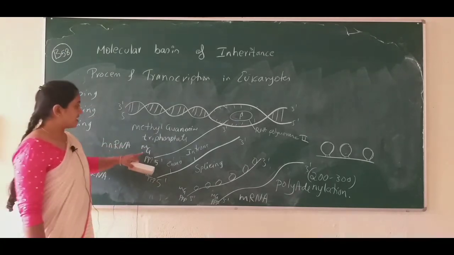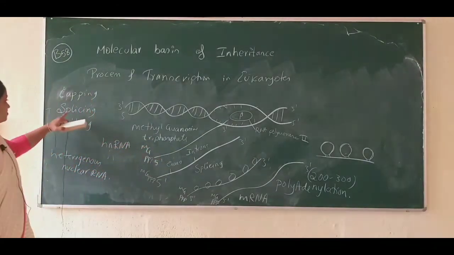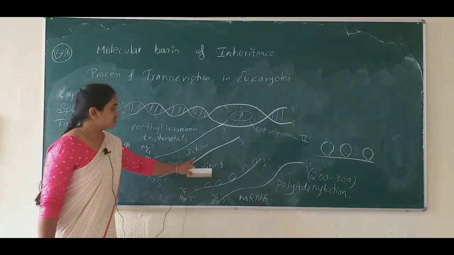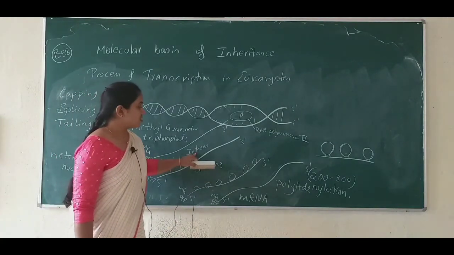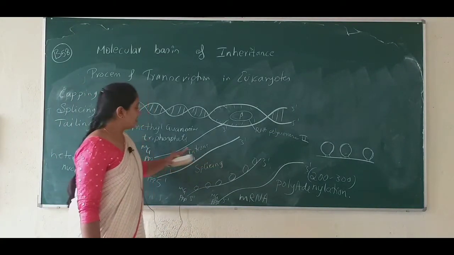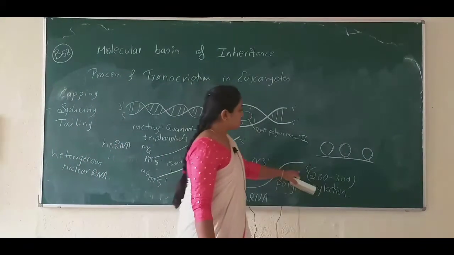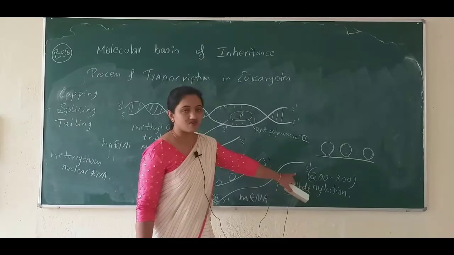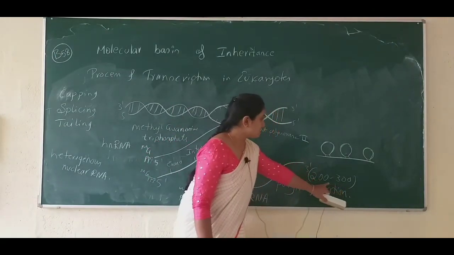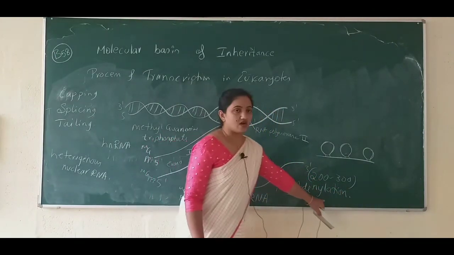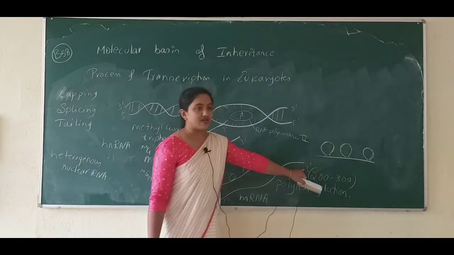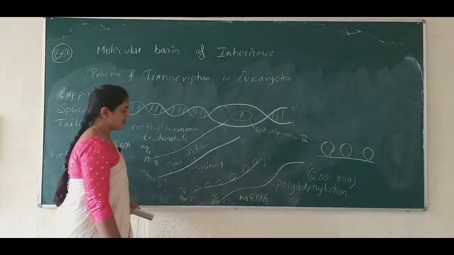Capping means addition of methyl guanosine triphosphate, splicing means removal of all the non-functional part, that is introns, and tailing means addition of 200 to 300 adenyl compounds to the 3' end of RNA.